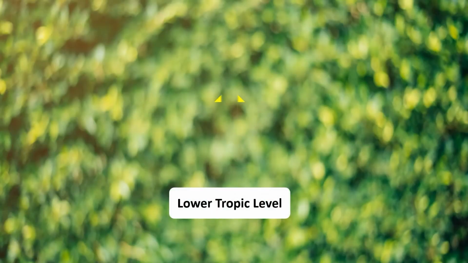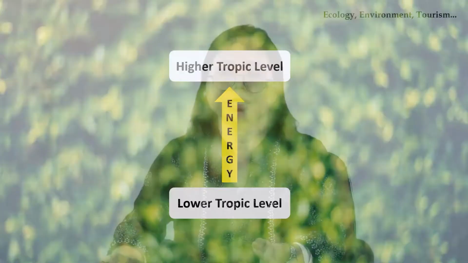When these organisms consume or eat another organism, they derive the energy. The energy flow is unidirectional, from the lower trophic level to the higher trophic level. In the previous chart, you have seen the different trophic levels, from the grass to the fifth trophic level, that is the vulture.